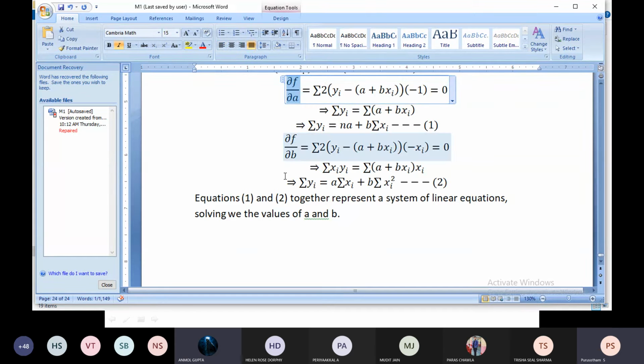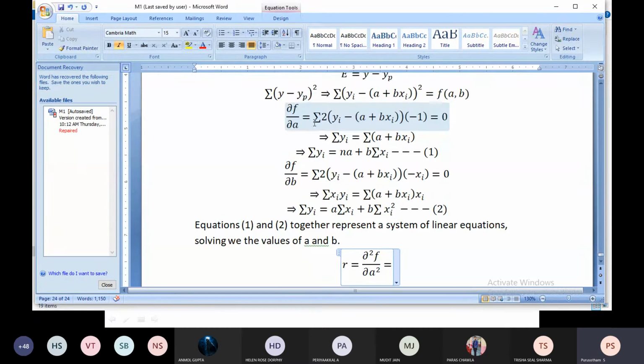Yes, sir. Dou square f by dou a square. You may denote this as r. What is the value of dou square f by dou a square from this?